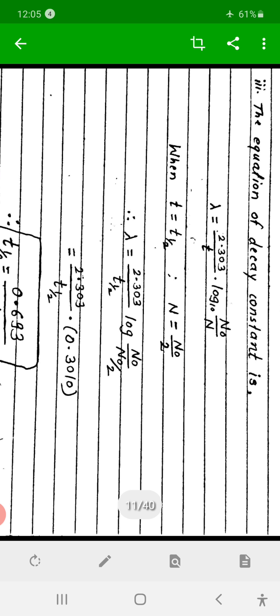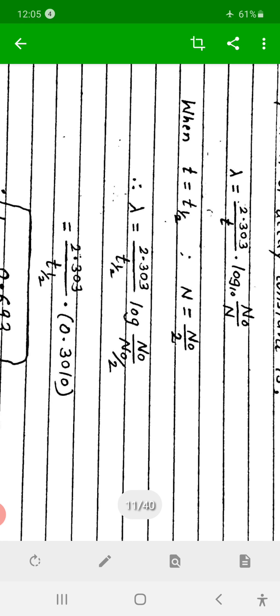Substitute t equal to t half in this equation, that is the time required to convert the considered radioactive element to its half amount. That means N becomes N0 by 2.